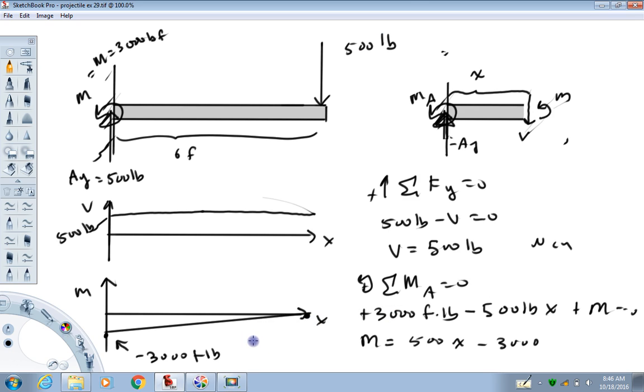Now, some things I'd like to point out. Both the shear and the moment have to match conditions at the endpoint. So let me take a look at this.